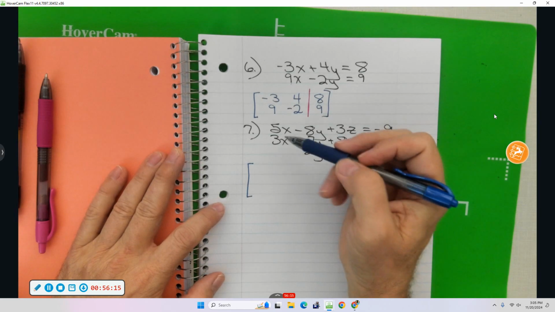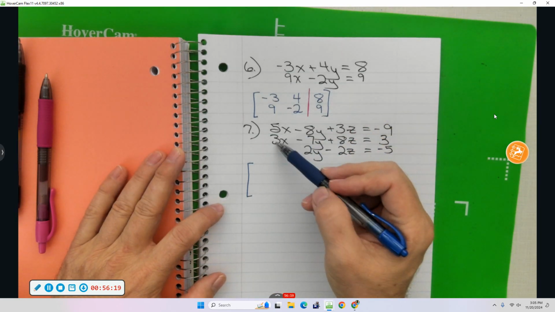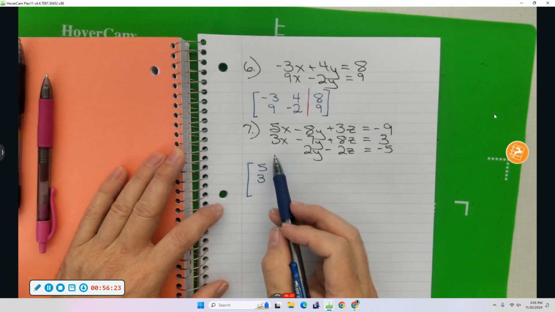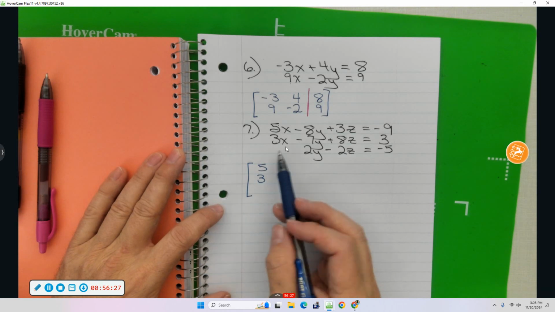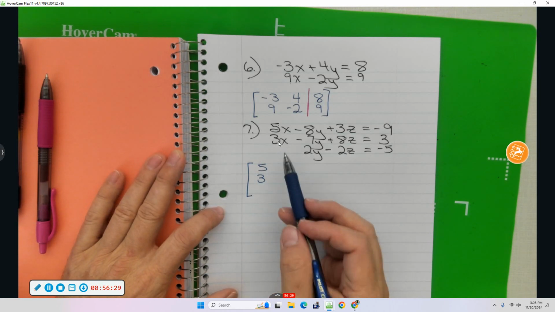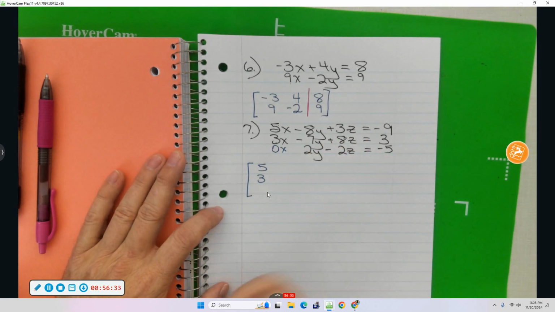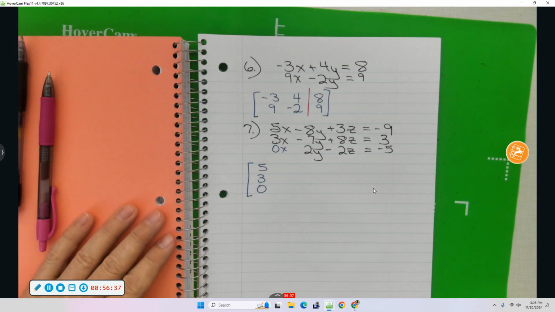The first column is going to summarize the x coefficients. We have a 5 and a 3. Uh-oh. What have we got here? I don't see an x term. So if there's a missing term, you treat that like 0 times x. So for a missing term, the coefficient is 0.